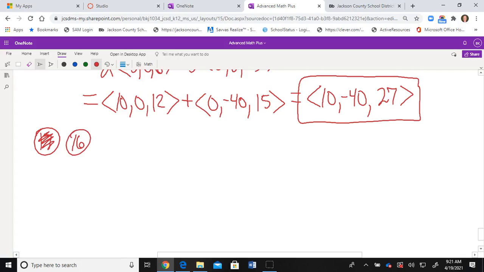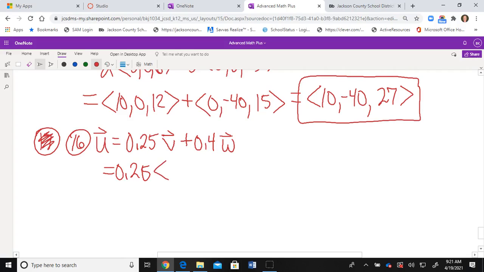16. Vector u equals 0.25 vector v plus 0.4 vector w. Vector v again is 0, 8, negative 3, plus 0.4 times vector w, which is 5, 0, 6.